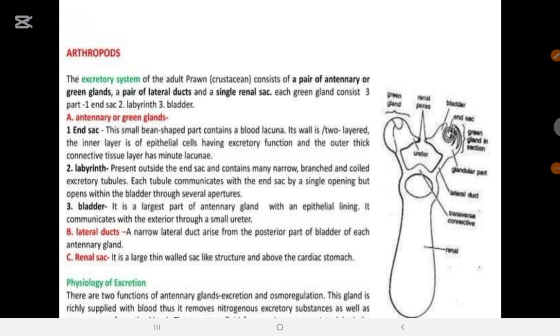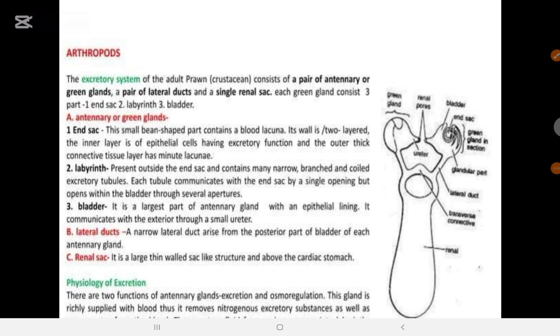The blood lacuna. Blood lacuna means blood space. Is that okay? Its wall is two layered, and the inner layer is of epithelium cells having excretory functions, and the outer thick connective tissue layer has minute lacunae.